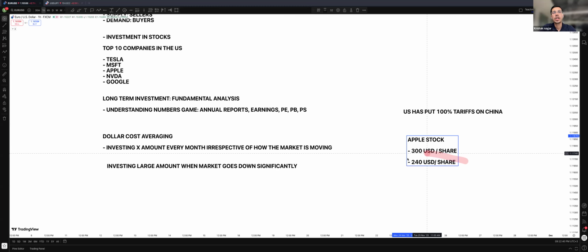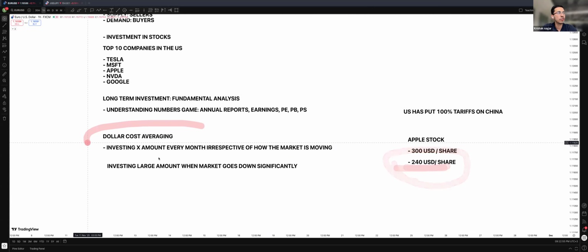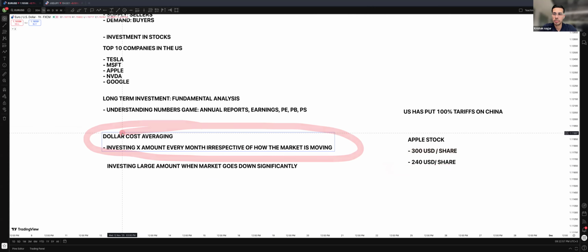What happens? You're getting a discounted price to enter. When you enter at a discounted price, you can technically put in a large sum of money at this price, and then you don't need to focus on dollar cost averaging for that particular month. But you still are investing, right?